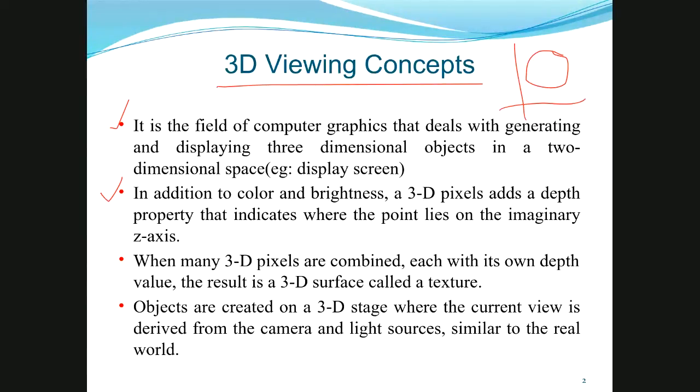When many three-dimensional pixels are combined, each with its own depth value, the result is a three-dimensional surface. It is called a texture. Here, many pixels, more red, more green, and more blue, are combined, and that time it will show a three-dimensional surface.